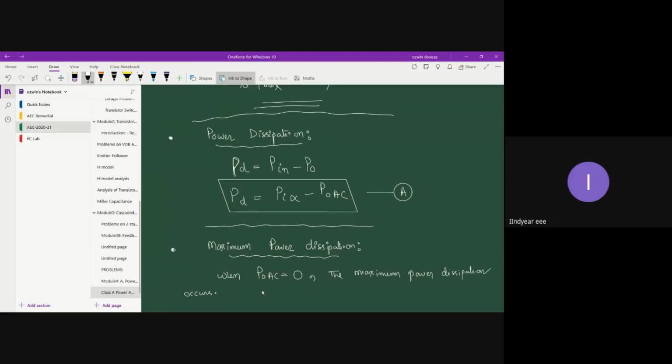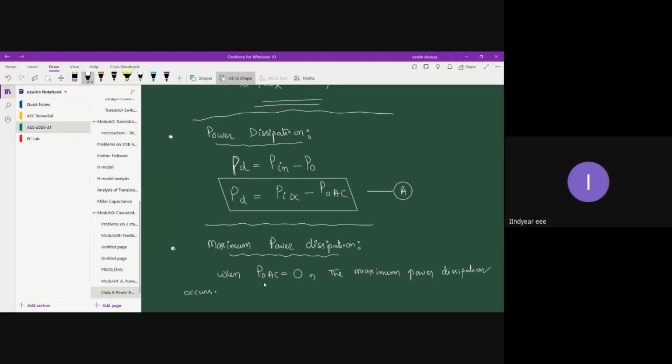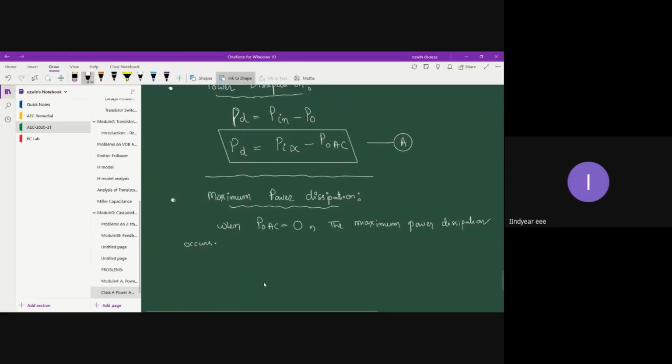Is it possible? Can you have an instance at which P naught AC is equal to 0? I can elaborate on this particular case. Let's say this is your public addressing system, PAS, black box.